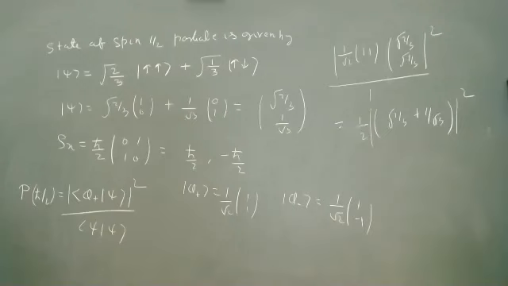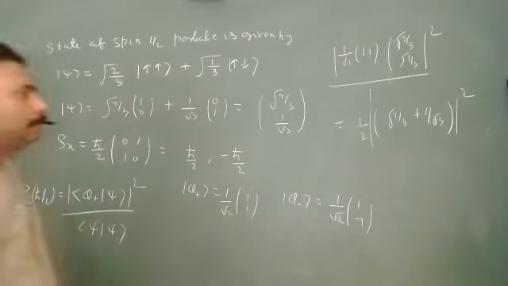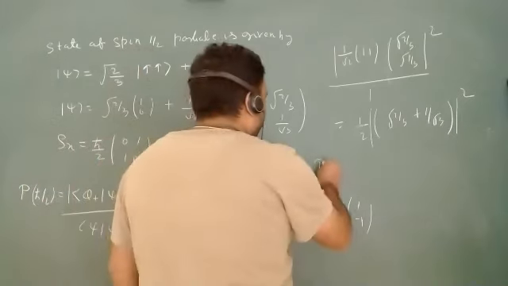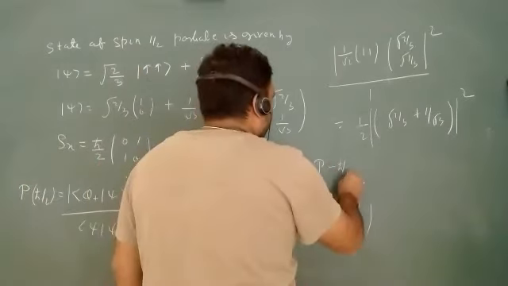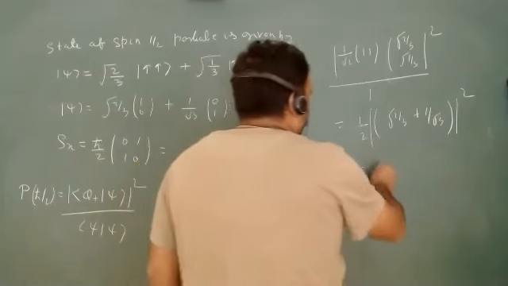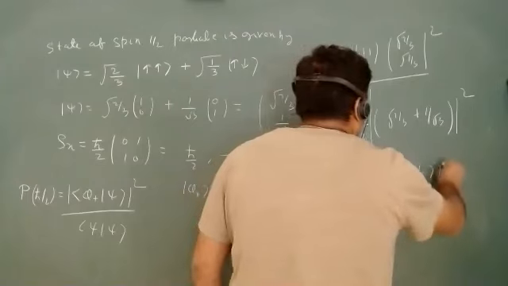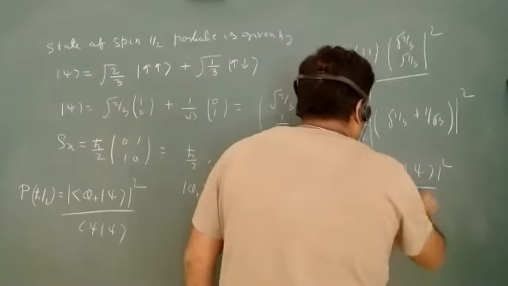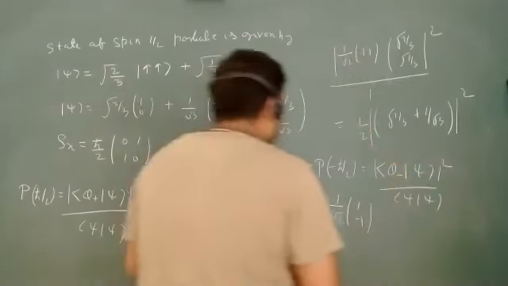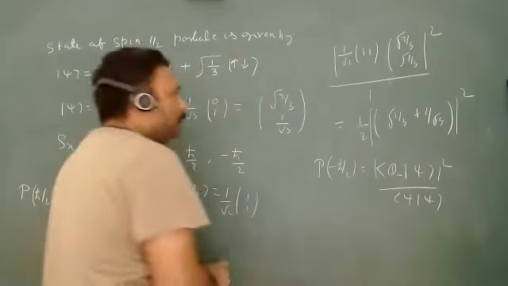Yes or no? Just check it. I have just changed the basis and I get the same answer. And similarly, you can get the probability of −ħ/2 equal to |⟨φ minus|ψ⟩|², and you just put φ minus here.